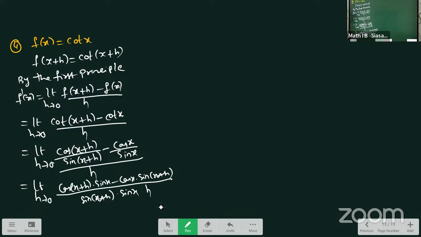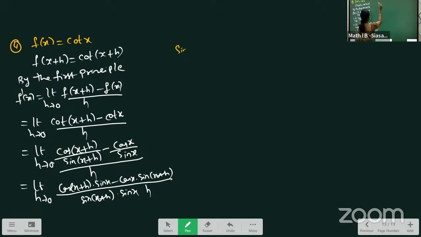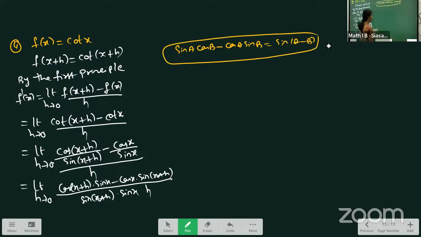Again a formula, in two ways you can think: cos A sin B minus sin A cos B, or by keeping the first term as sin, sin A cos B minus cos A sin B is equal to sin of A minus B. So apply the same formula.